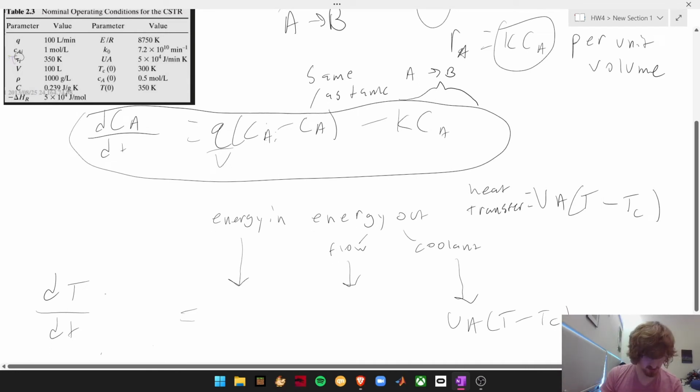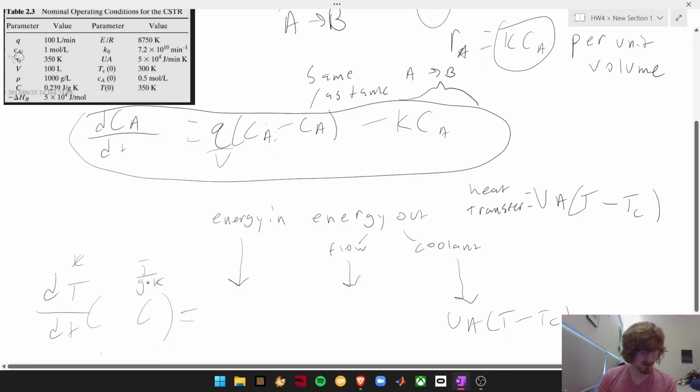We want to get this in terms of joules. And we have our heat capacity of the solution. We're going to assume that our heat capacity is the same for the whole solution. And that is going to be equal to 0.239, but we're not going to write that down for now. We're just going to leave it as our heat capacity, and that is in joules per gram Kelvin. So we want to be left with only these joules, so we need to find something in terms of Kelvin, which we already have. So those will cancel, and then we just need something in terms of grams.